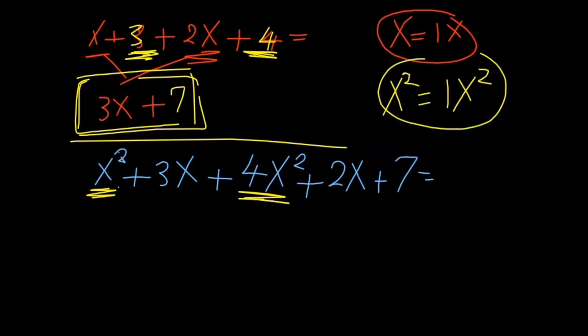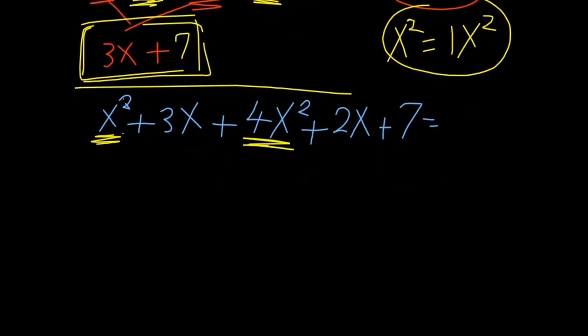So for any variable which doesn't have any coefficient, the coefficient is the number before the variable. This 4, we name it the coefficient. Here there's no coefficient, so it means it is 1. So let's combine them. x squared plus 4x squared is 5x squared.